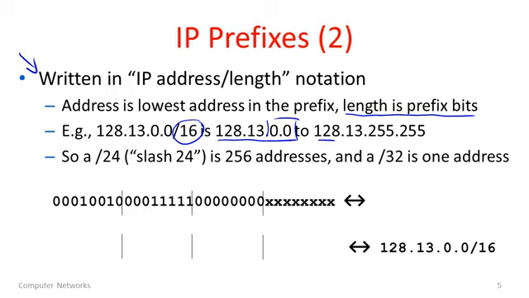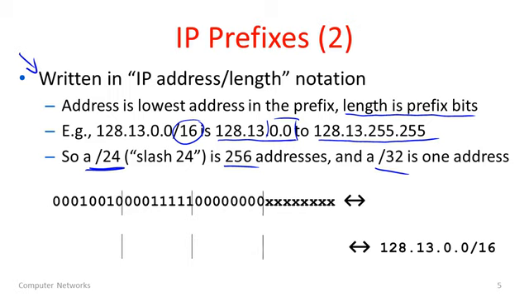When I do that, I get 128.13.255.255. This is how you pronounce something like a /24 or a /16. As I said previously, a /24 will have the last 8 bits free, so it'll have 2 to the 8 or 256 addresses. Similarly, a /32 really means one address.